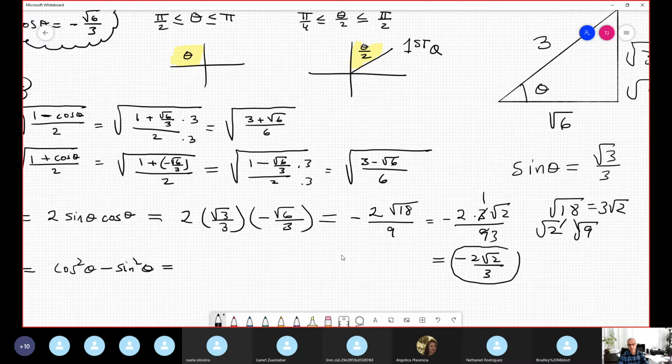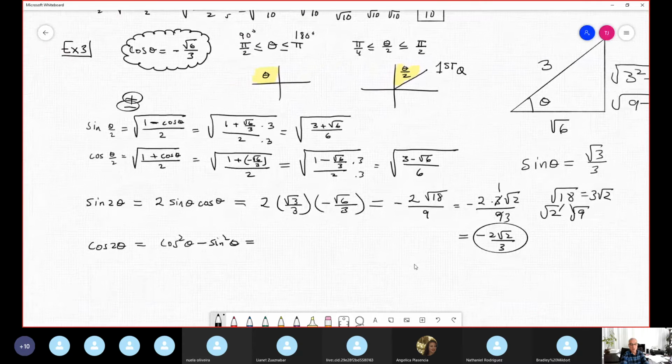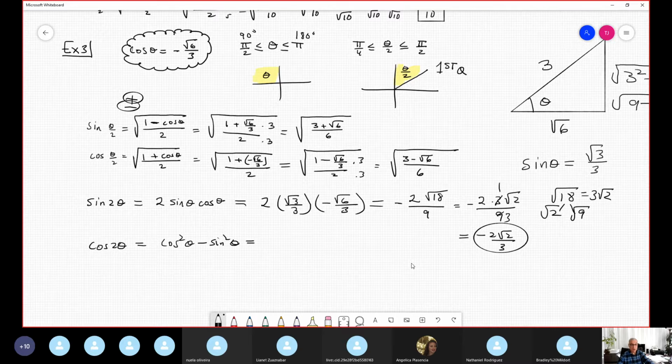Wow. Okay. So maybe double angle lie in the third quadrant or in the fourth quadrant. I have no idea. Let me determine the cosine, and you confirm me what quadrant lie double angle. Okay, let me try to do my best. Cosine square is negative radical 6 over 3 square minus sine, que es radical 3 over 3, square.